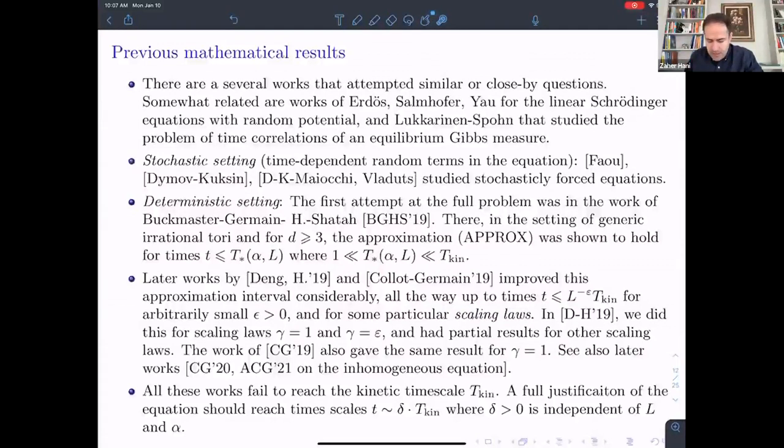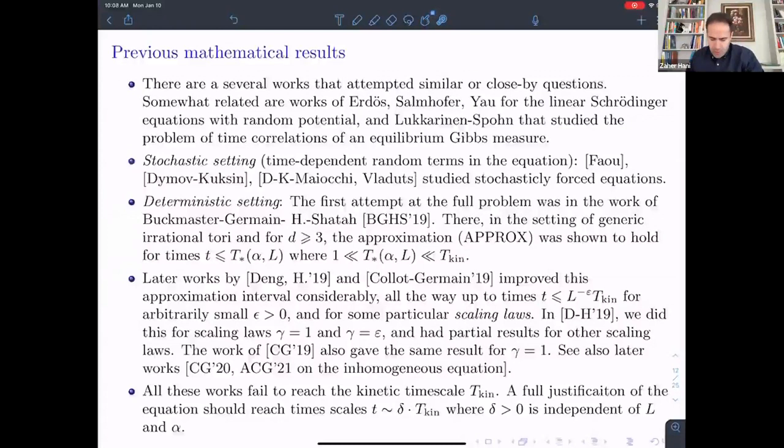We improved this approximation interval considerably in a later work with Yu Deng, and independently there was work of Charles Collot and Pierre Germain around the same time. This was my very first work with Yu Deng, in 2019.